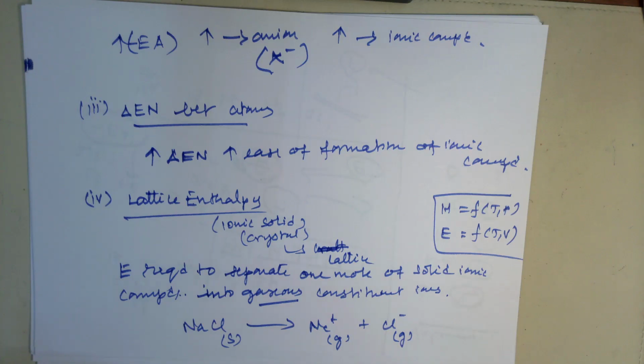So the lattice enthalpy is something great. You cannot imagine that it can be mechanically split, even with a heavy axe or a heavy hammer. You cannot break the sodium chloride into Na plus and Cl minus just by crushing, melting, or dissolving.